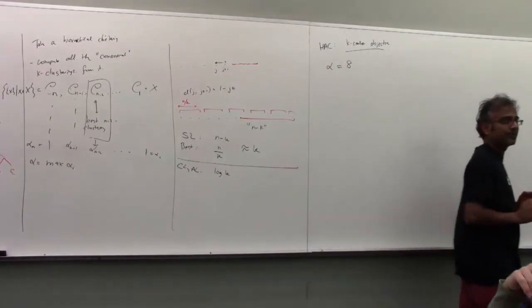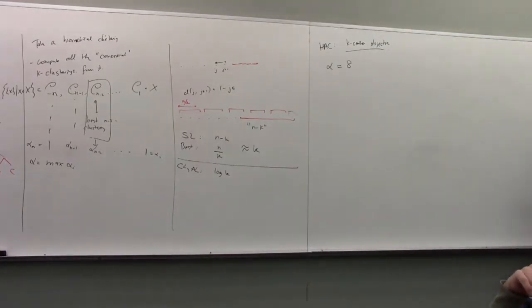It's constant. So in other words, if you take your hierarchical clustering and produce canonical clusterings from it, any one of them is no more than a factor of 8 from the best possible one you could get. Remember, Gonzalez gave you a factor of 2. So this is 4 times worse than that. But it's still a constant, and it's independent of the number of clusters, number of points, whatever.